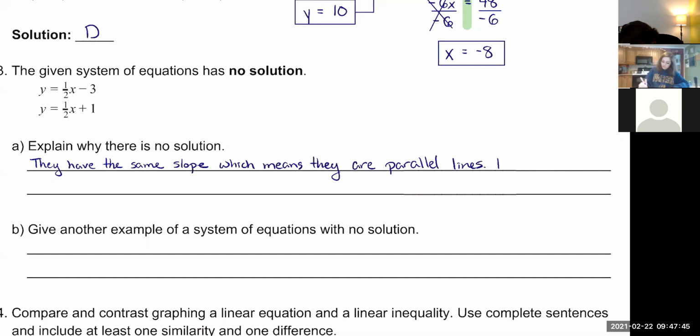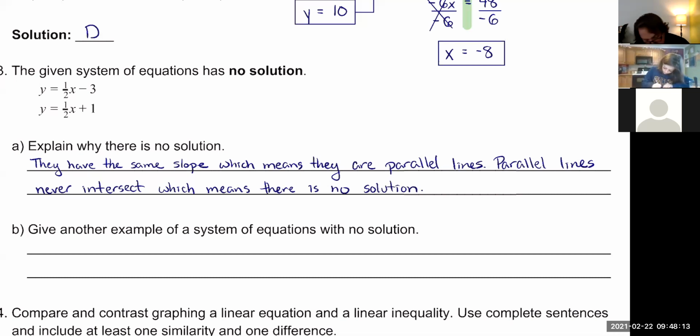My second one would say that parallel lines never intersect, which means there is no solution. So kind of a little short cause and effect. Same slope means they're parallel. Parallel lines never intersect. No intersection point, no solution.